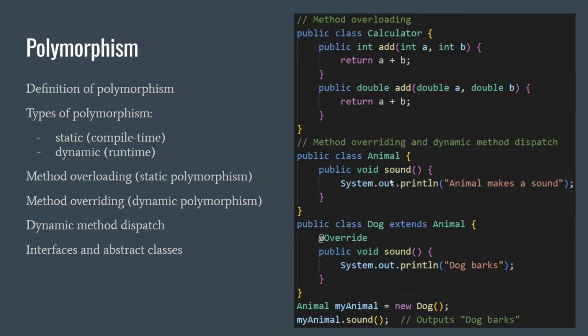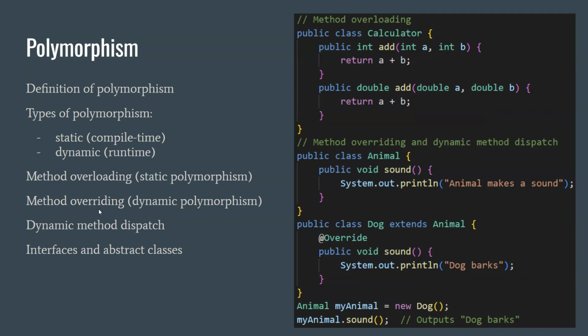Polymorphism. So polymorphism in Java basically allows you to perform a single action in different ways. And there are two types of polymorphism. First one is compile time polymorphism, and second is runtime polymorphism. And compile time polymorphism is achieved through method overloading, while runtime polymorphism is achieved through method overriding.